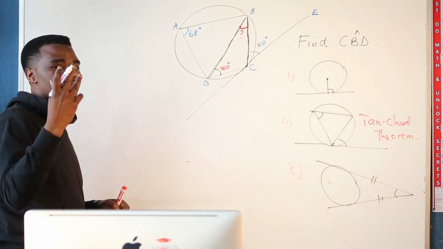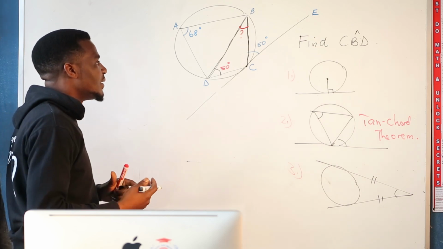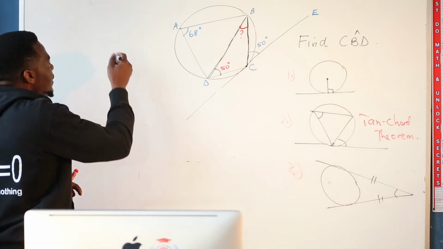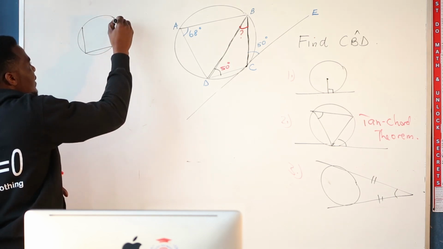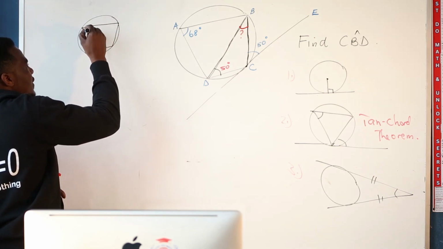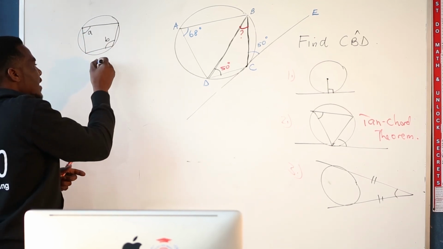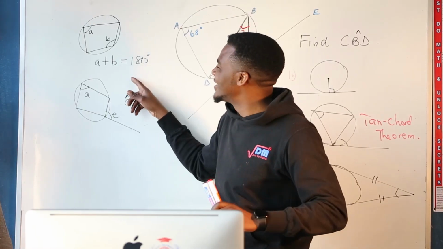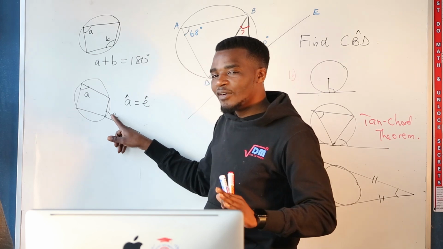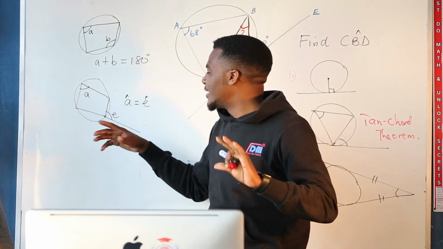There are two theorems that we need to be very familiar with when it comes to cyclic quadrilaterals. Theorem number one: in a cyclic quadrilateral, let's say this angle is A and this angle is B, angle A plus angle B add up to 180 degrees. Also, the exterior angle of a cyclic quadrilateral is equal to the opposite interior angle.